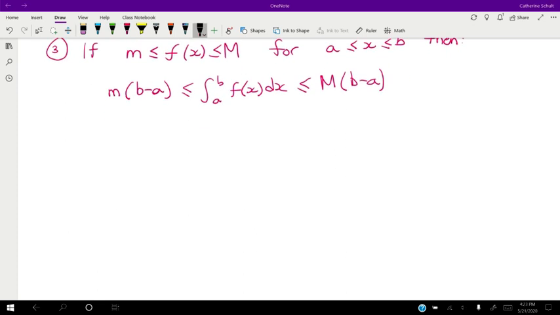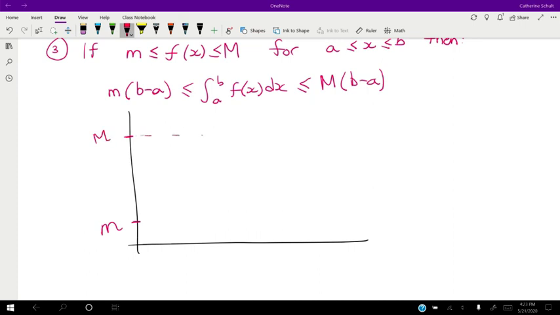Let's do a quick little, again, kind of proof by picture. Let's introduce our two lower and upper limits of f. There's m and M. Those are the boundaries, and we're saying that f is between those two numbers.